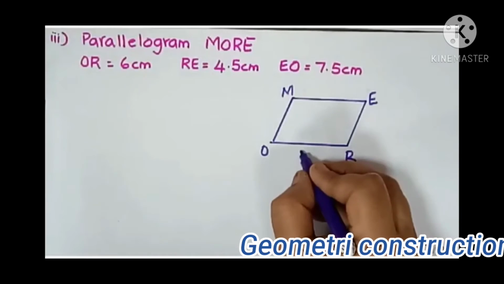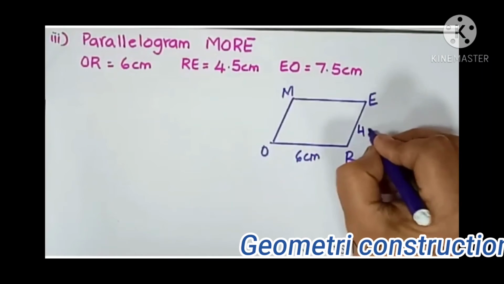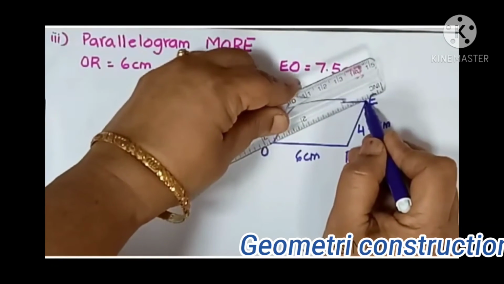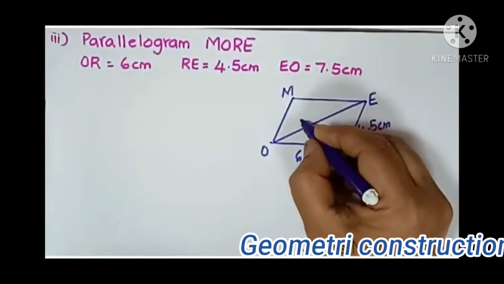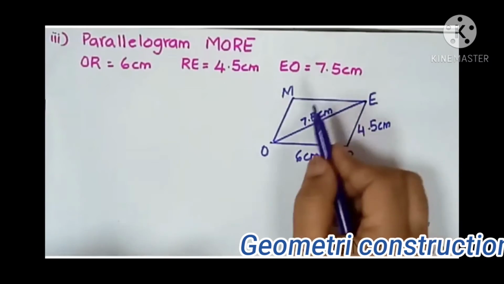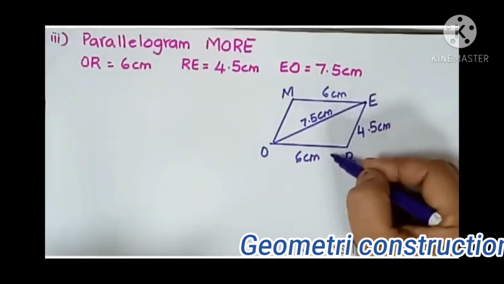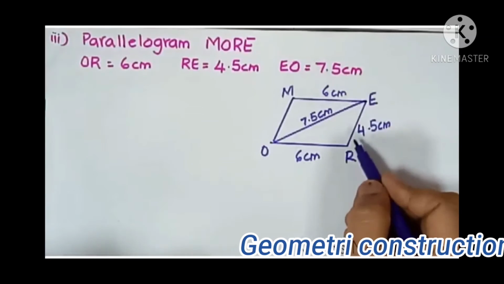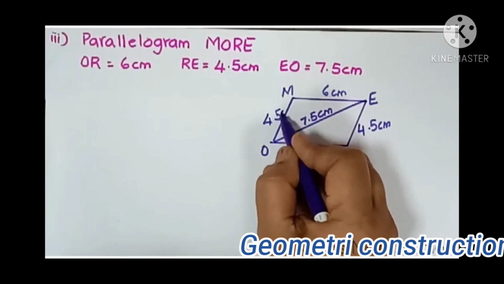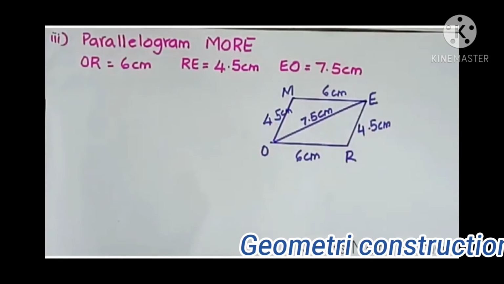OR is equal to 6 cm and RE is equal to 4.5 cm and a diagonal EO is equal to 7.5 cm. Next, we know that in a parallelogram, opposite sides are parallel and equal. So, OR is equal to EM, that is 6 cm, and RE is equal to OM, that is 4.5 cm. Now, we shall start the construction by using the rough sketch.